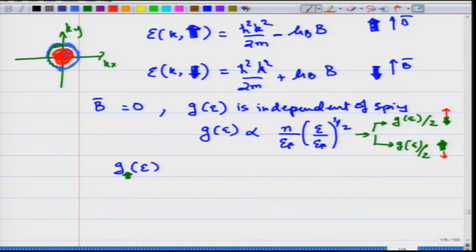That is what I wanted to say, that the density of states is exactly identical for spin up and spin down electrons. So, let us draw this density of states first in zero magnetic field, for spin up and spin down electrons, as a function of energy.